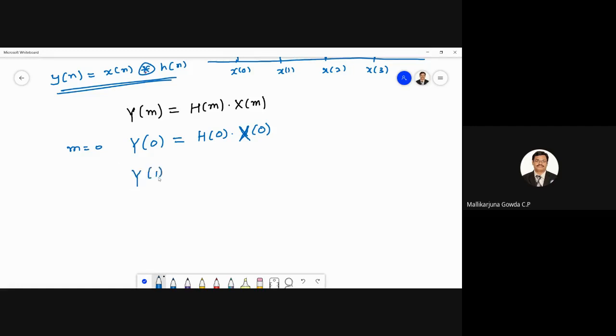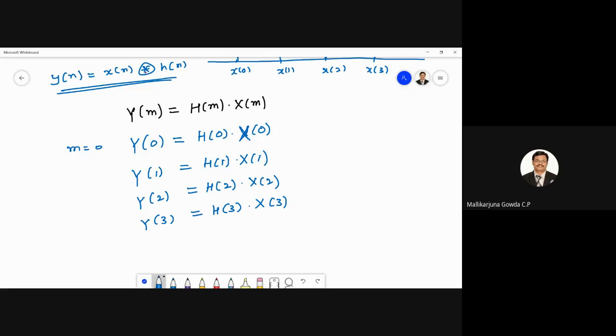That is y of 1 will be equal to h of 1 into x of 1, then y of 2 is equal to h of 2 into x of 2. Similarly, y of 3 will be equal to h of 3 into x of 3.